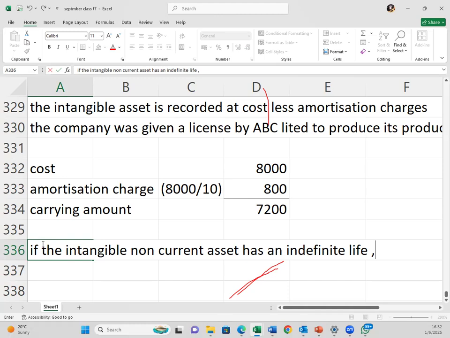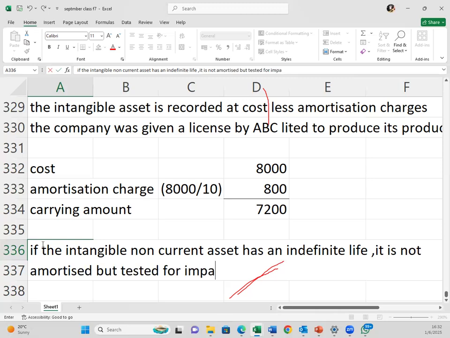So if there is an indefinite life involved, we don't amortize the intangible asset, but we are supposed to test it for impairment annually.